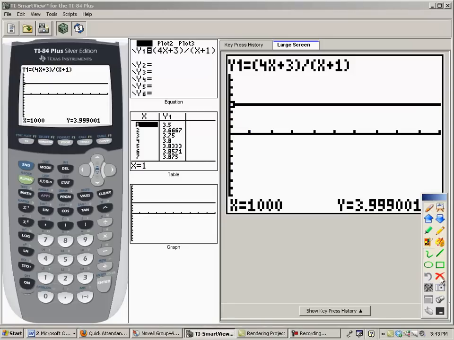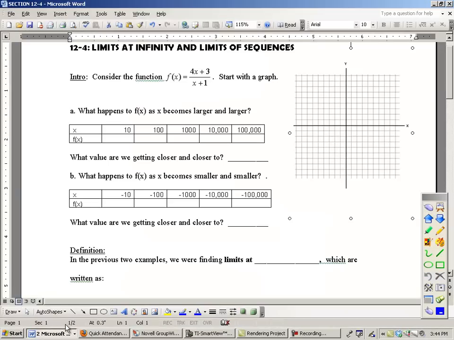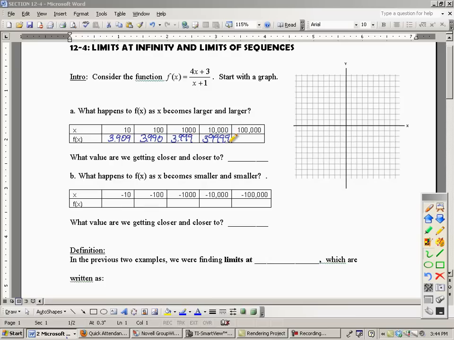And so here's what happens. Let me go back to our notes, and we want to put this in. So if I put this in, we noticed at 10, you get 3.909, 3.990, 3.999, 3.9999, 3.99999.